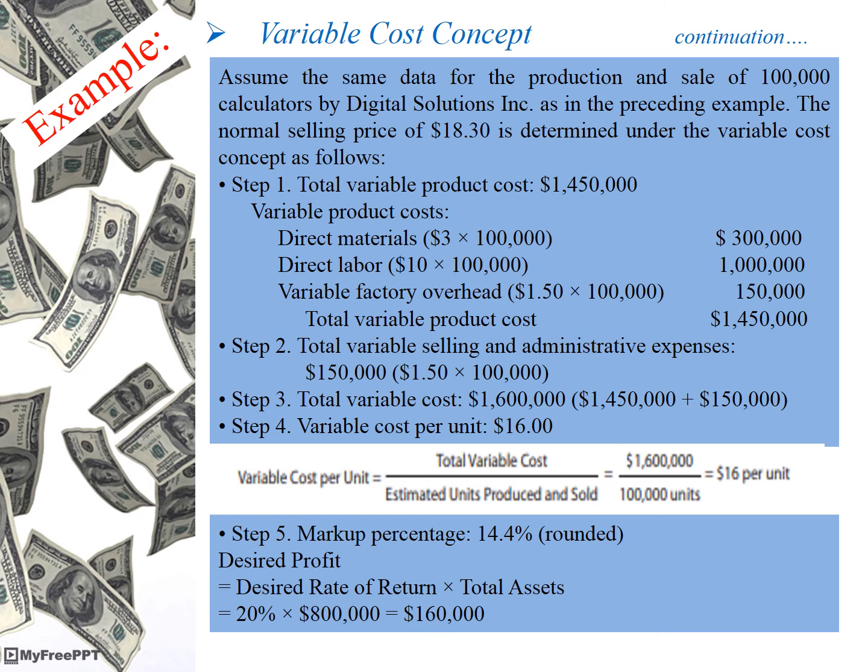Step 2. Total variable selling and administrative expenses is equal to $150,000. Step 3. Total variable cost is equal to $1,600,000. Step 4. Variable cost per unit is equal to $16.